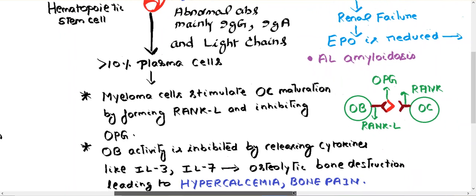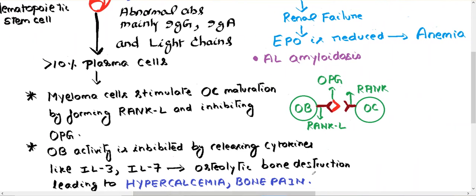So now we'll see why there is hypercalcemia and bone pain in multiple myeloma. Normally, on the surface of the osteoblast there is RANK ligand, and on the surface of the osteoclast there is RANK, and osteoprotegerin, which is derived from the osteoblast, prevents the interaction of RANK L with the RANK, so there is no osteoclastic activation.